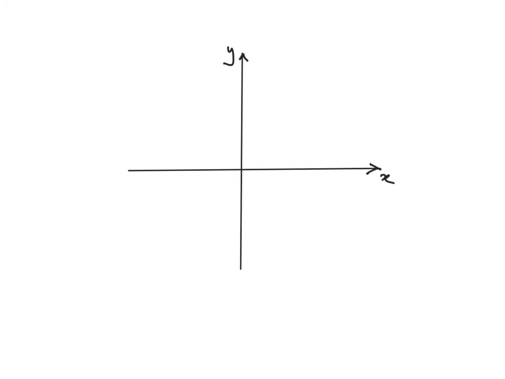So what we're going to do here is consider an easier way of drawing the graph of y equals the modulus of x. First thing I'm going to do is to draw the graph of y equals x. So I want a line like so. And then what we want to do is to reflect this part of the line, that part below the x-axis, in the x-axis.